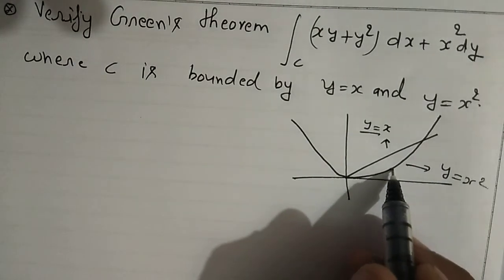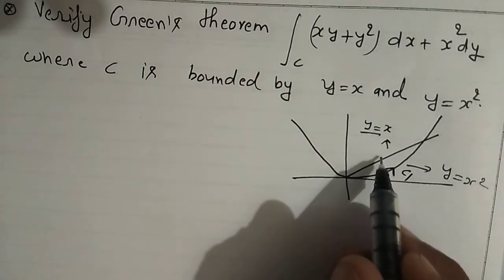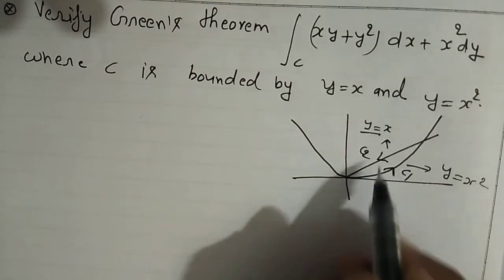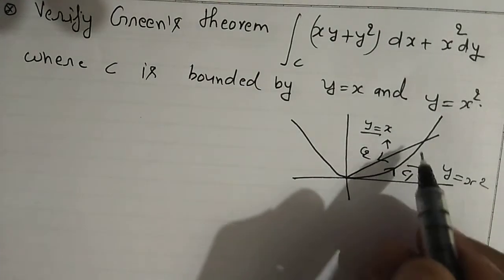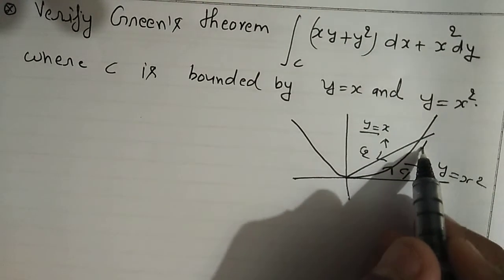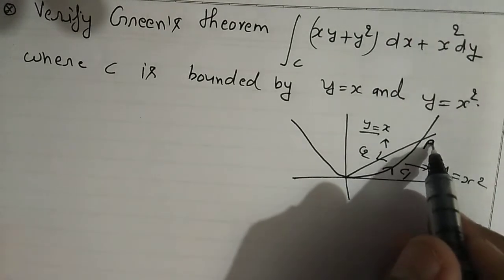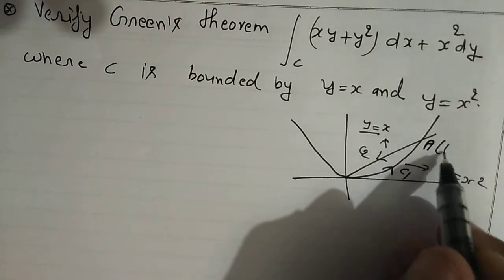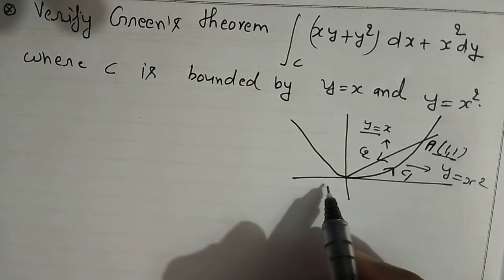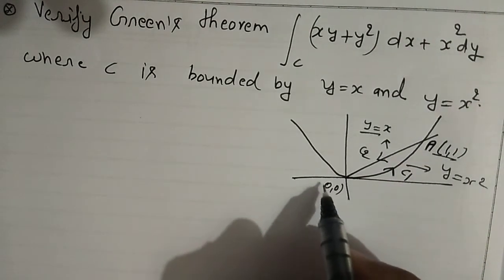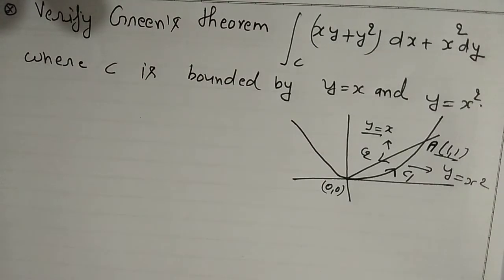So here we have two curves, C1 and C2. We'll go anti-clockwise. Let this be the point A with coordinates 1, 1, and this is 0, 0. So this is the given curve.